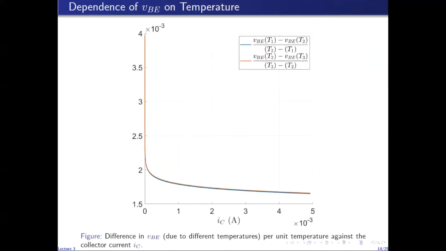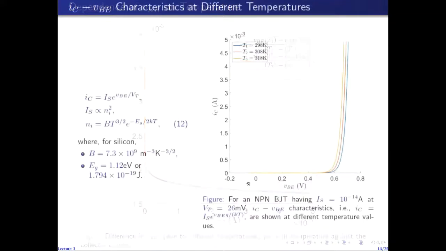And we can quantify this decrease by finding VBE at T1, T2, and T3, and then taking the difference between VBE at T1 and T2 and dividing it by the difference in temperature. So basically these blue and red curves, which are almost overlapping, represent the change in VBE per unit temperature. T1 is 298 kelvins, T2 is 308 kelvins, and T3 is 318 kelvins.